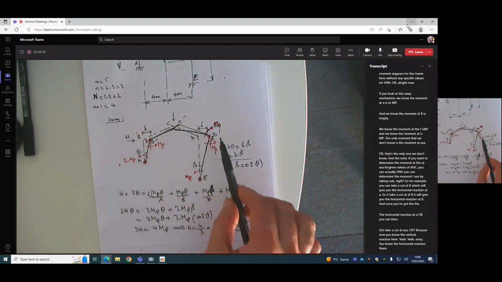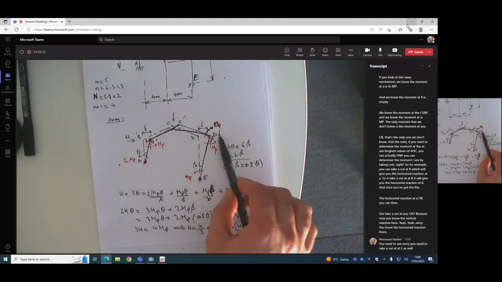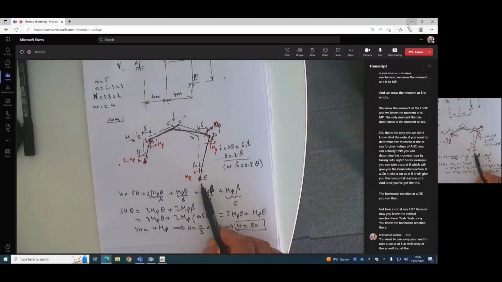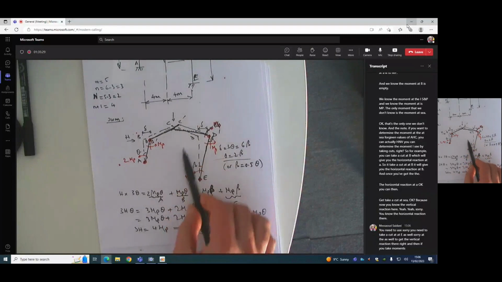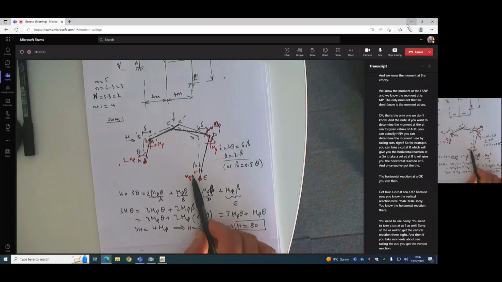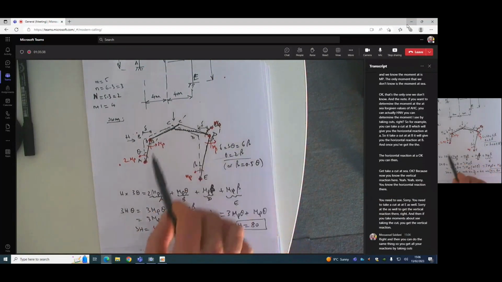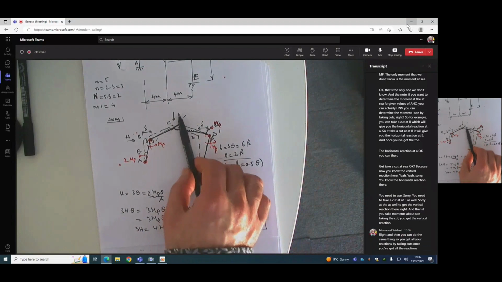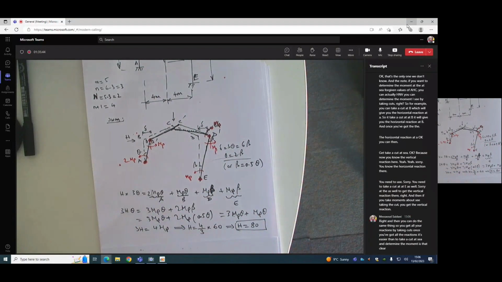You need to take a cut at D as well to get the vertical reaction there. Then if you take moments about C, you get the vertical reaction. So you get all your reactions by taking cuts. Once you've got all the reactions, it's easy to take a cut at C and determine the moment. Is that clear? That's how you will do it.